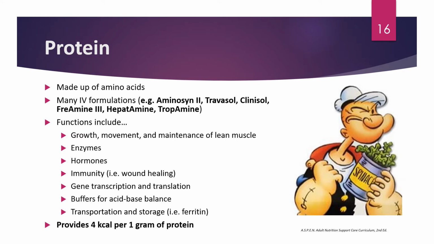Whenever we talk about protein, specifically for IV formulations, we have many different IV formulations that we can use for the purposes of parenteral nutrition, or TPN, to compound that PN bag. Some examples of those are Aminosyn II, Travasol, Clinisol, Freamine, HepatAmine, and TrophAmine. You might be wondering, what are the differences between all of these different proteins? Each different protein is made by a different manufacturer, obviously. There are some minor differences in the components of the way that these bags are made.